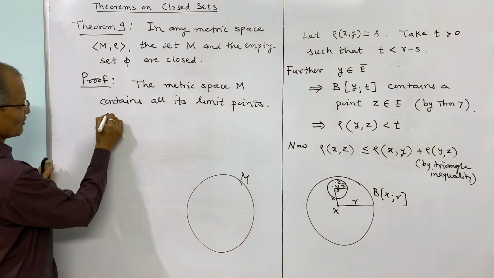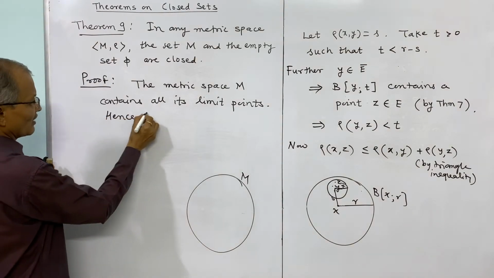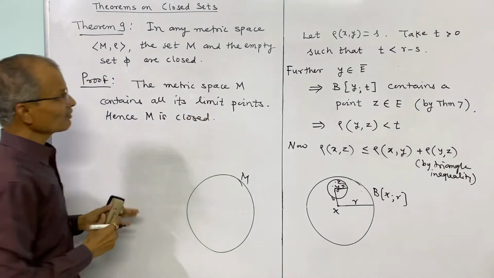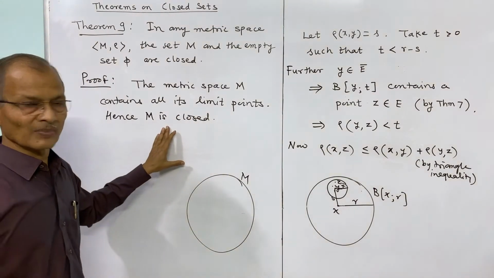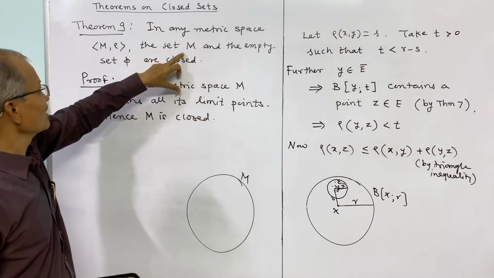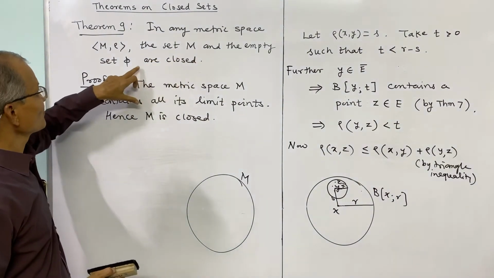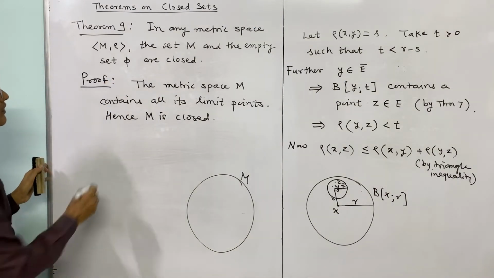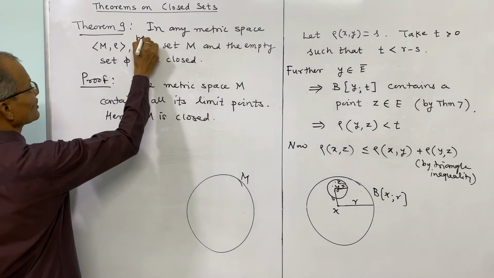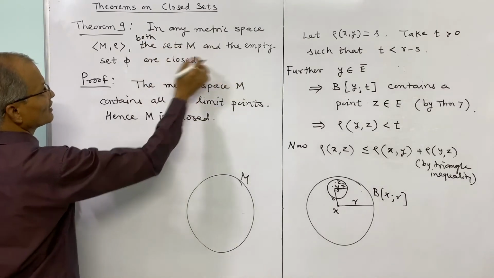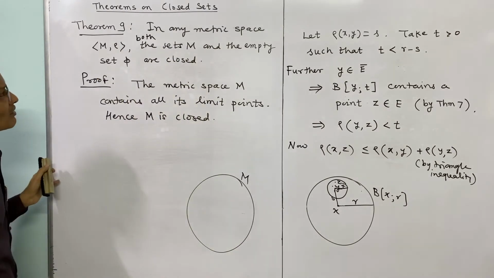Therefore M is closed. And what about phi? This is trivial, but it is to be noted. The entire set M is closed and the empty set phi is closed.